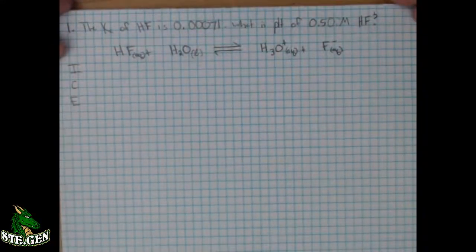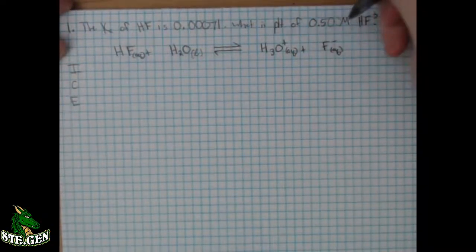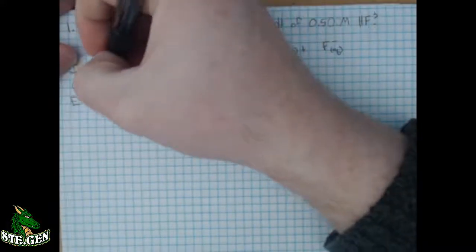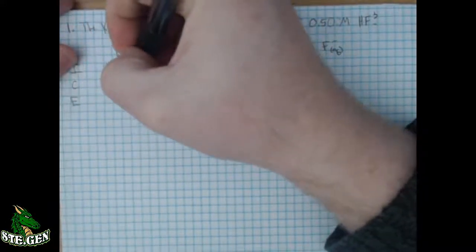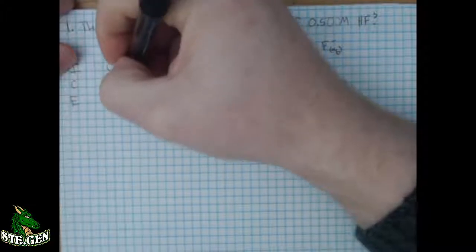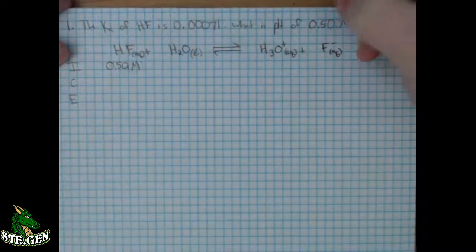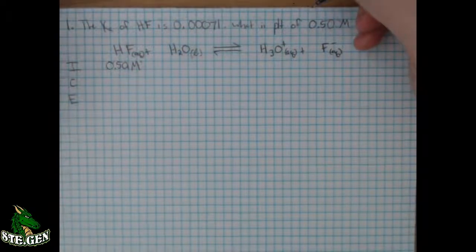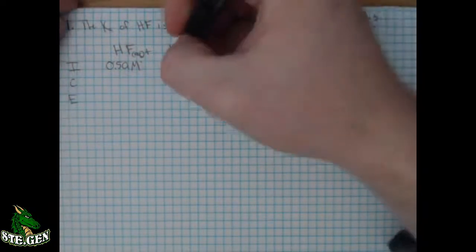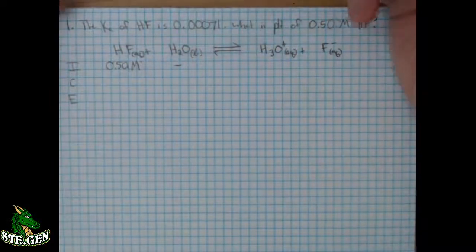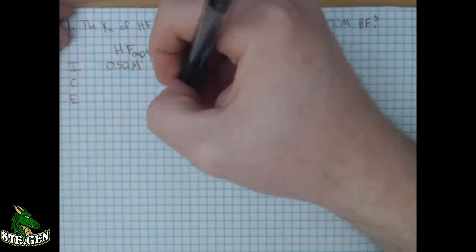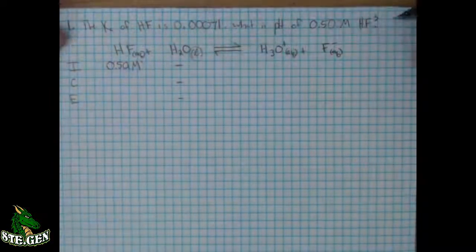Now, we've got 0.50 molar HF. I've been used to 3 sig fig questions. Water, we don't have a specific amount of water, but remember, water doesn't count because water is a liquid, and liquid means we get to ignore it for all these purposes.